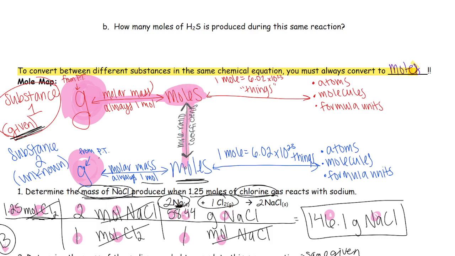Then I go into moles of H2O. Good. And then the conversion factors are all listed here for you. Then from moles of H2O, I go to grams of H2O. So our steps are going to go grams to moles to moles to grams.